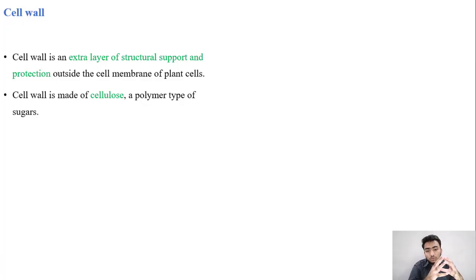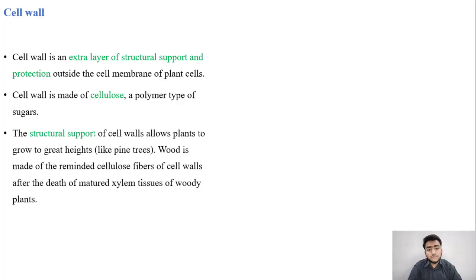So cellulose is a polymer of sugars, because cellulose comprises repeated molecules of beta glucose that are connected to one another in such an orderly manner that it enables a plant cell wall to withstand tough conditions, withstand pressure from the inside, and withstand harsh conditions from the outside as well.